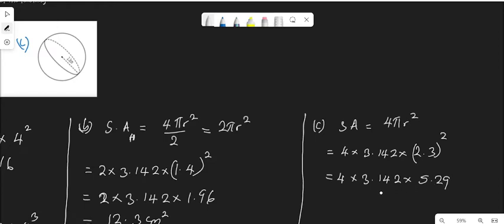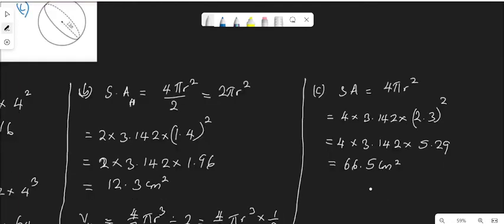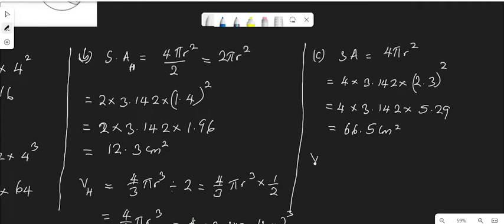Let's plug those numbers into the calculator. 5.29 times 3.142 times 4, that is 66.5 approximately centimeter square as the surface area of the sphere. Now, the volume of a sphere is 4 over 3 pi r cubed.